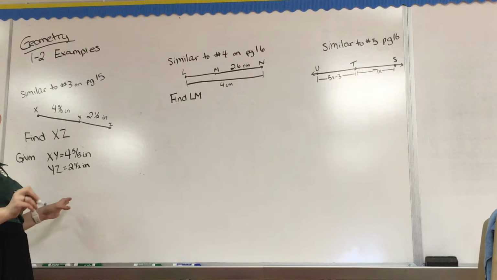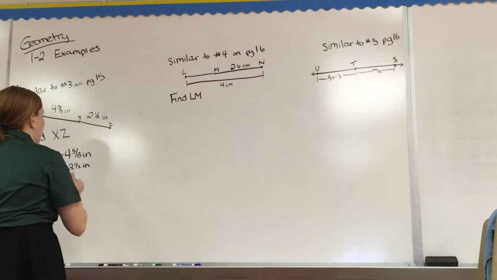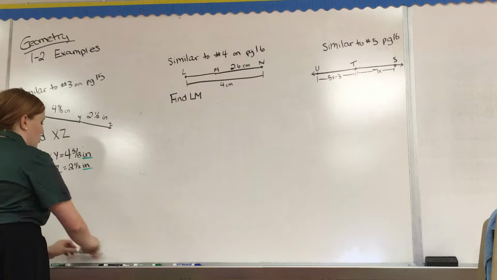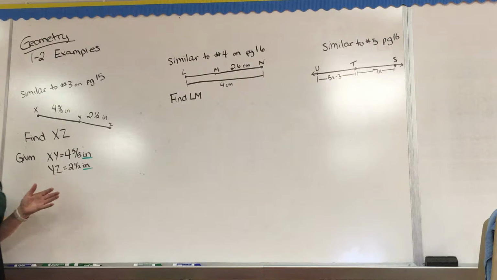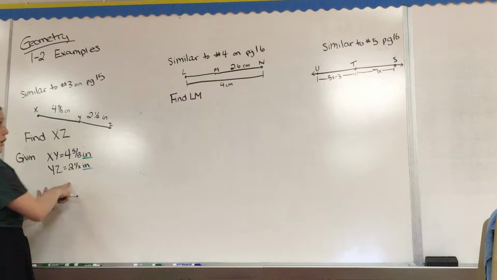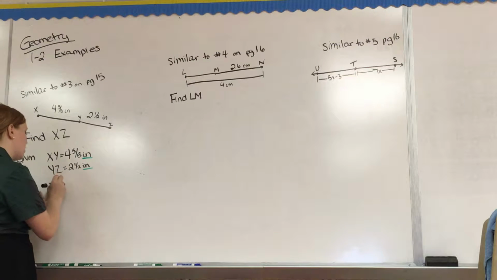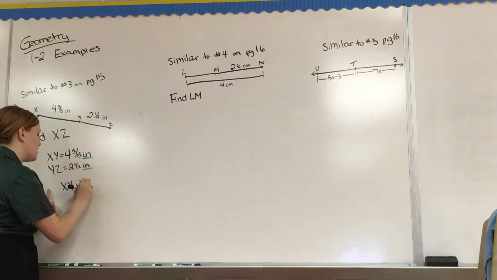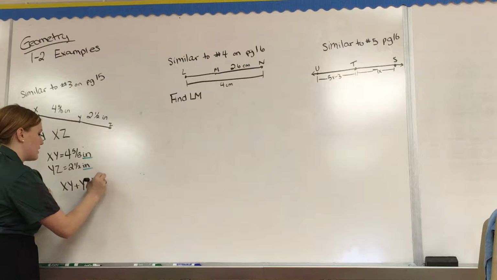The first thing you always want to make sure is that these are both in inches. We're good with that? So, as we talked about with betweenness, we know that XY plus YZ equals XZ.